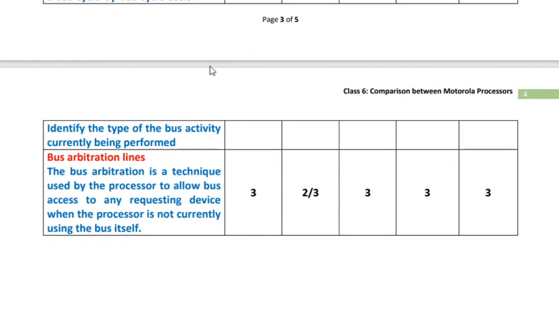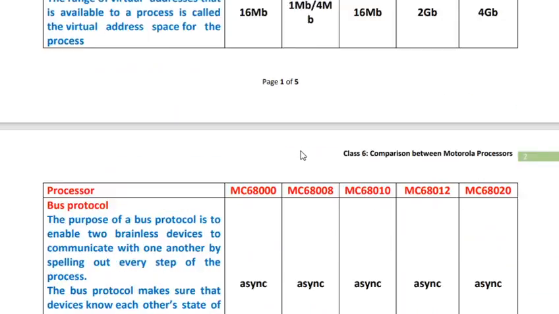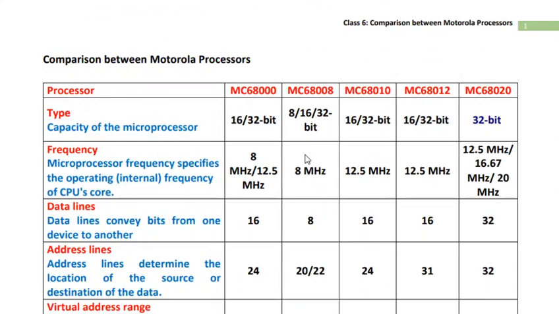We have 3 in case of MC68000, 2 or 3 in case of MC68008, 3 in case of MC68010, as well as 3 in case of MC68012 and MC68020. So these are the cross-parameter comparisons of the five Motorola processors: MC68000, MC68008, MC68010, MC68012, and MC68020.